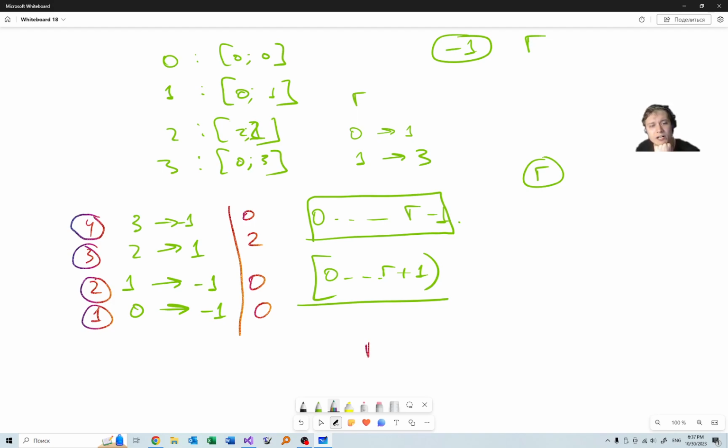So we have R. We need to take R plus 1 and subtract the smallest power of 2 in this number. To do it, we need to ampersand it with R. Okay, maybe something like this.